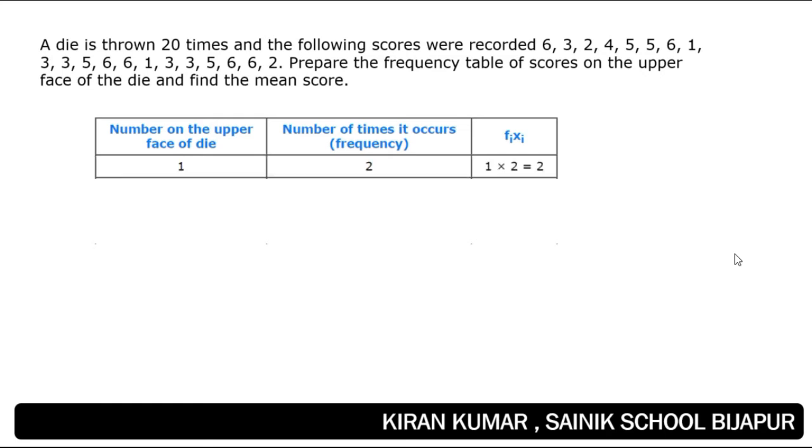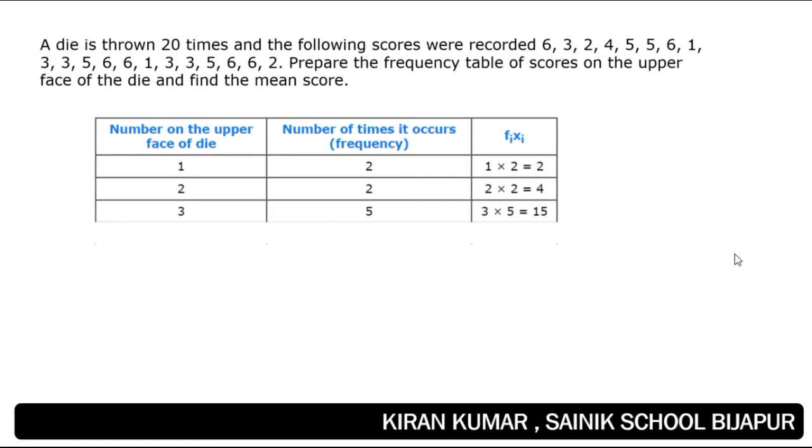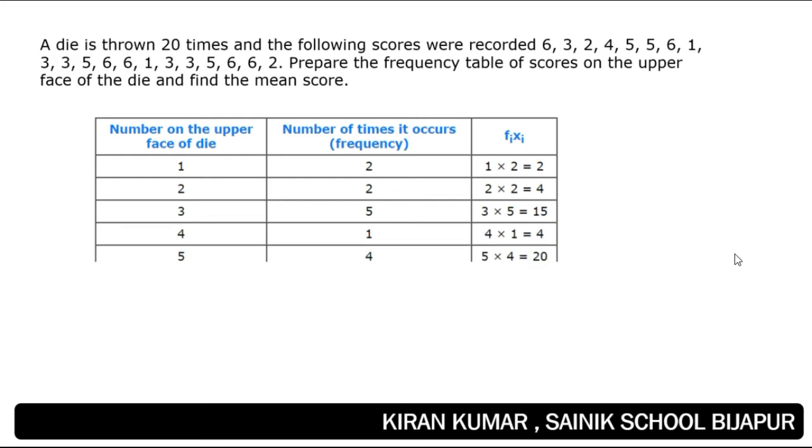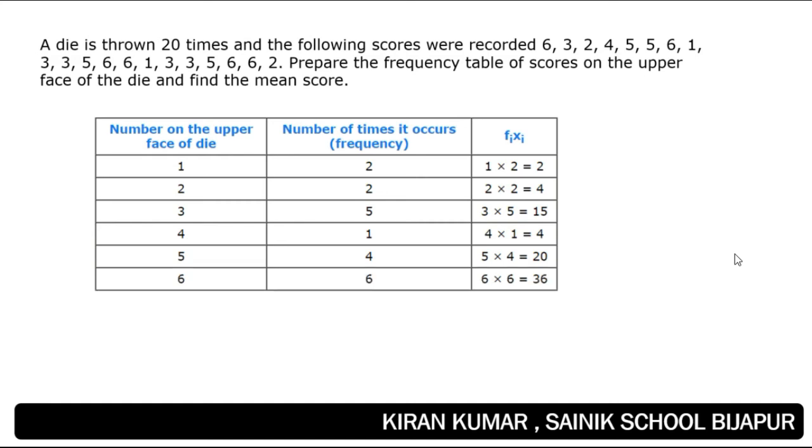Here 1 is repeated 2 times, so 1 into 2 will give the fi xi value. Same way, 2 repeated 2 times is 4, 3 repeated 5 times is 15, 4 repeated 1 time is 4, 5 repeated 4 times is 20, and 6 repeated 6 times is 36.